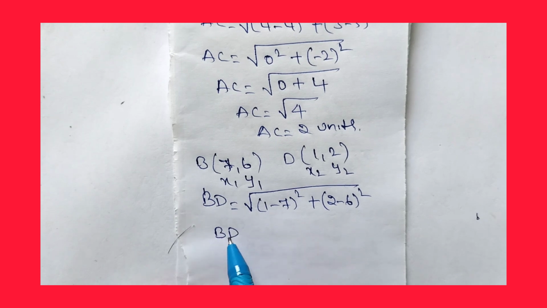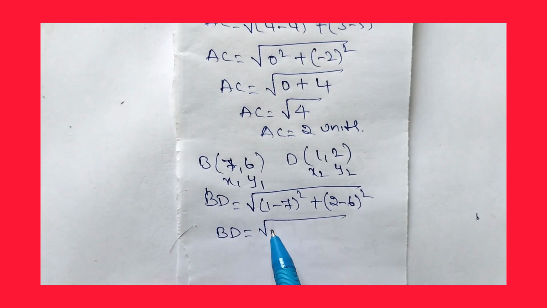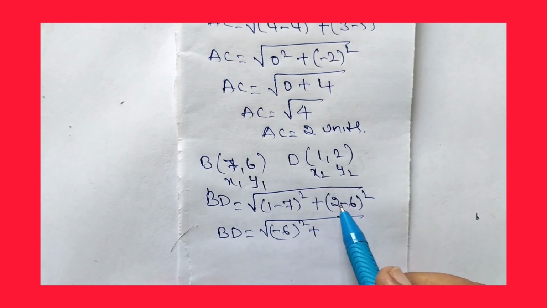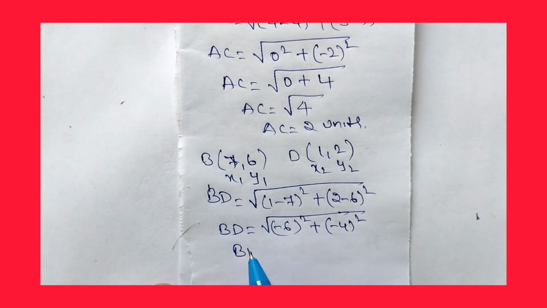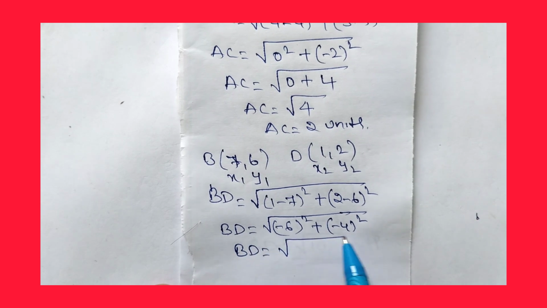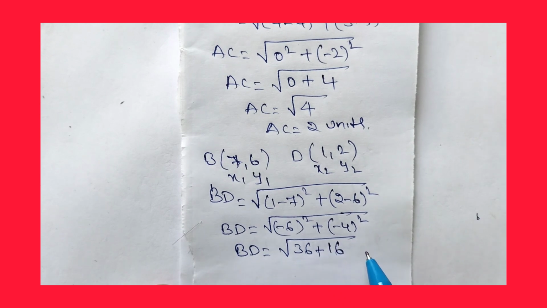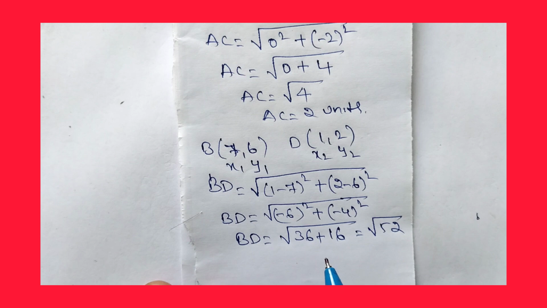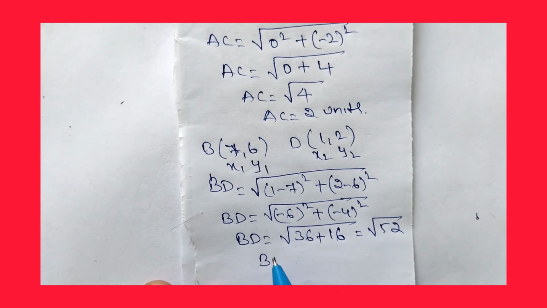So BD is equal to square root of (minus 6) whole square plus (minus 4) whole square, which is 36 plus 16, equal to square root of 52 units.